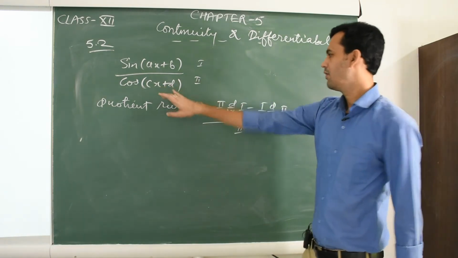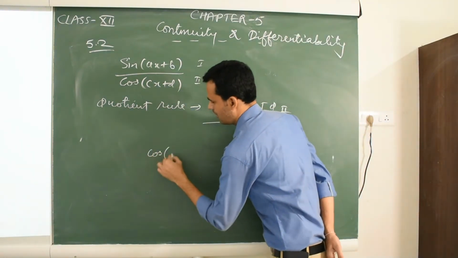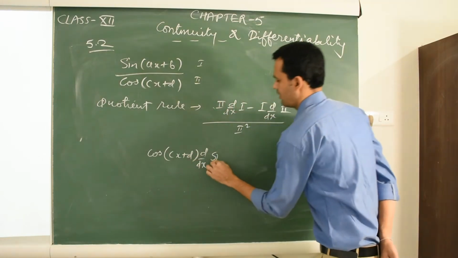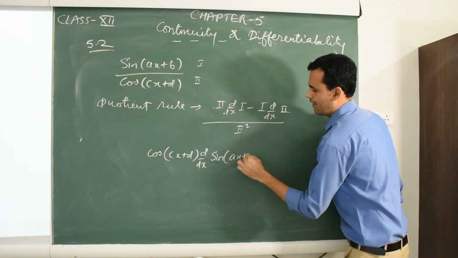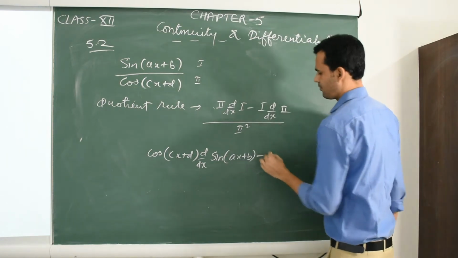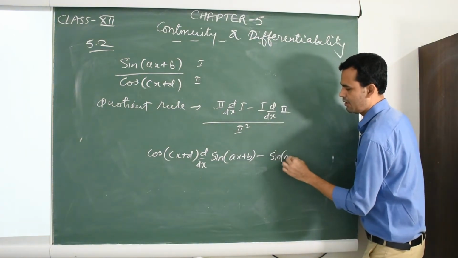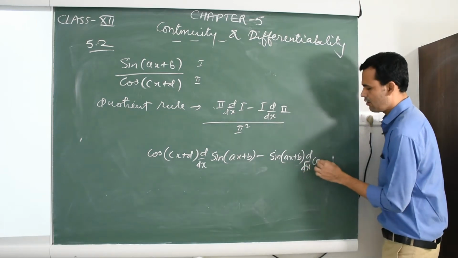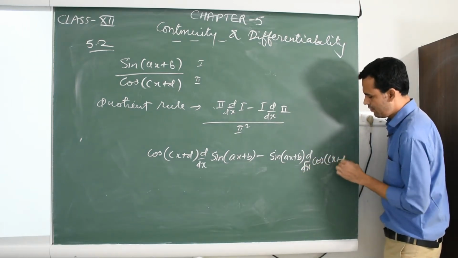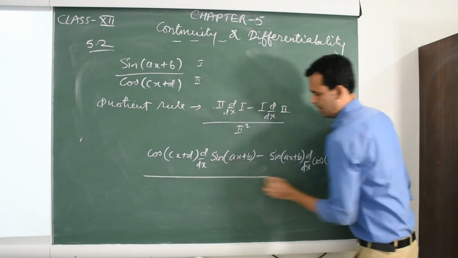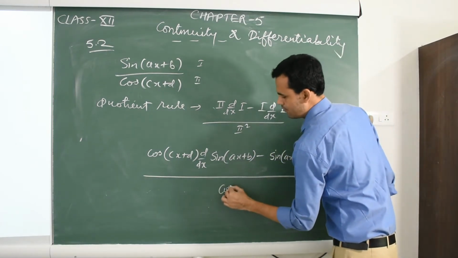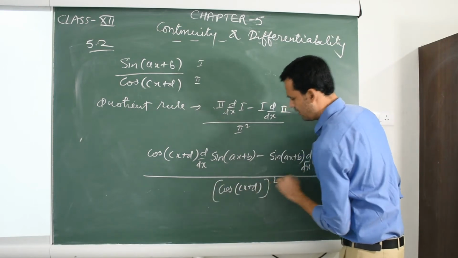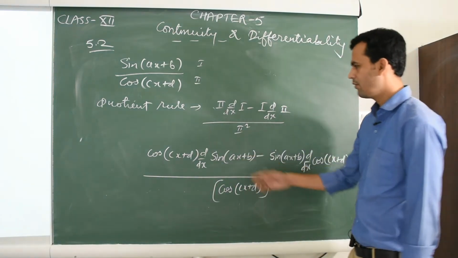So second function cos(cx+d), d/dx of first function is sin(ax+b), minus first function sin(ax+b), d/dx of cos(cx+d), upon the square of the denominator, (cos(cx+d))².